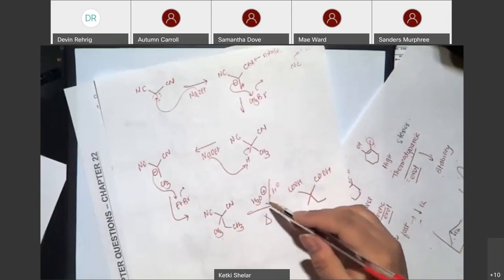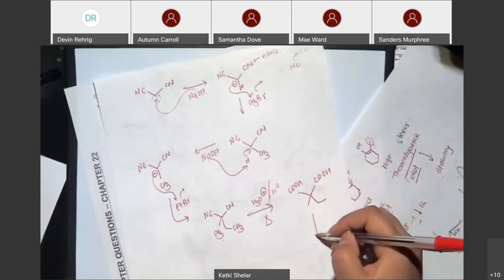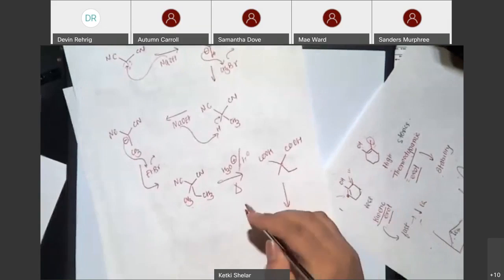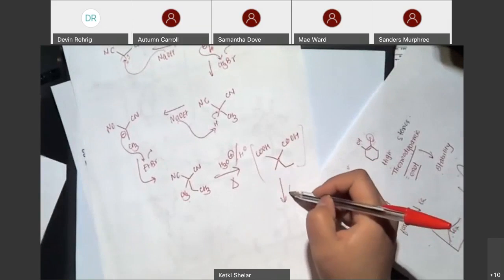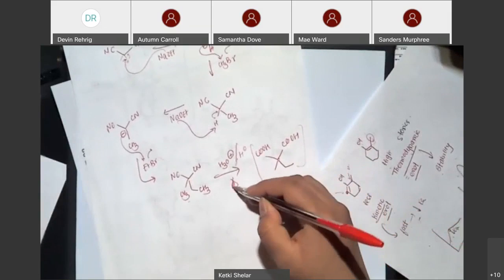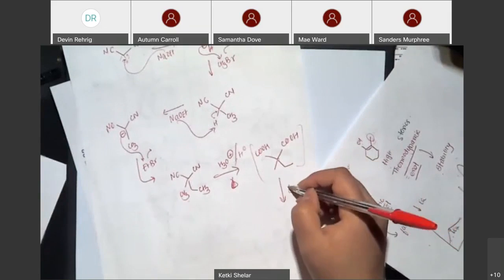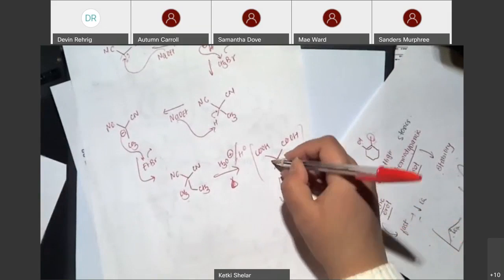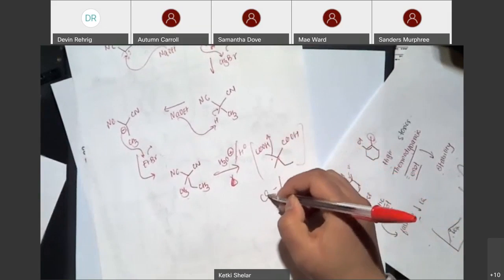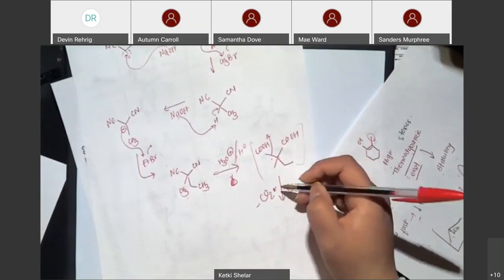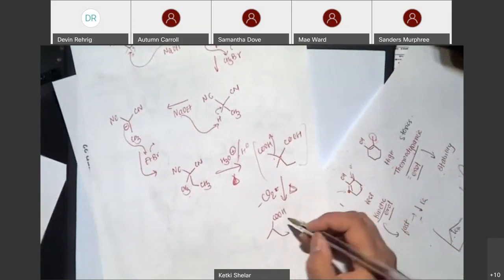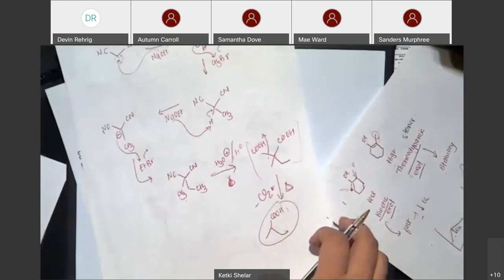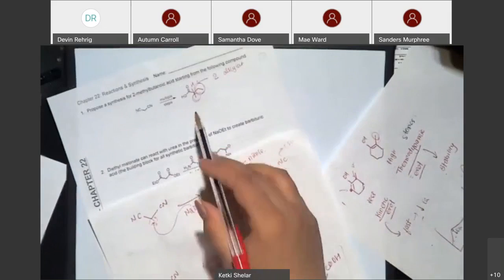So after this is done, you heat it. As you heat it, this is going to go off as carbon dioxide and it will form COOH, which is the same structure with a different representation.